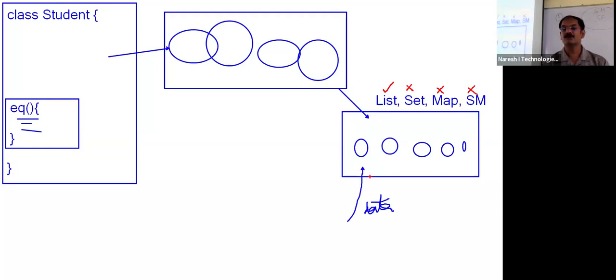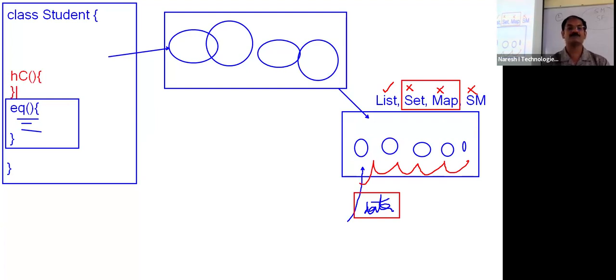List will store objects in a group and find by linear searching, where the equals method is used directly. But if you want to store objects in set or map, what must you also override? Hash code. If you override the hash code method, then this object is eligible to store either in list, in set, or in map, but not suitable to store in sorted map.